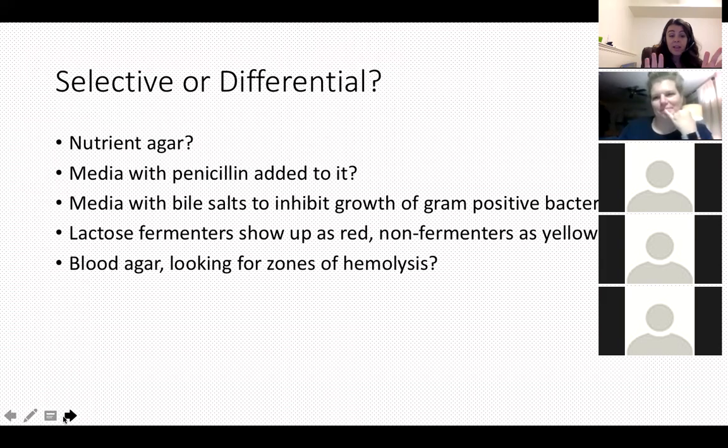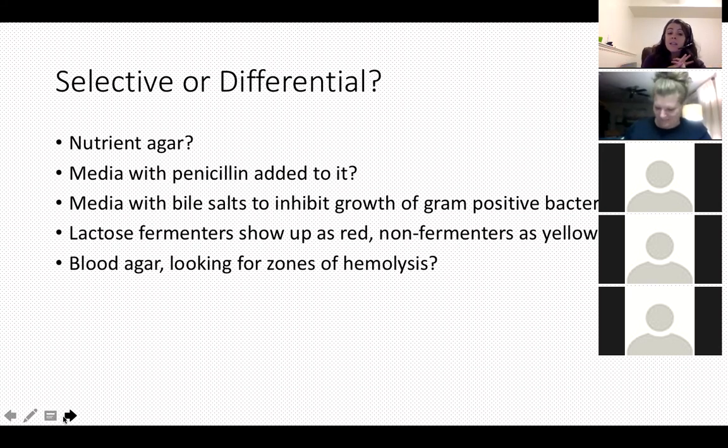It's neither. That's because we're not specifically selecting for or against any certain types of bacteria. And we're also not telling you that some bacteria will look different when they're grown on nutrient agar than others based on the characteristics of the media. So in this scenario, you'd say it was neither. Yeah, it is tricky. It's definitely tricky.